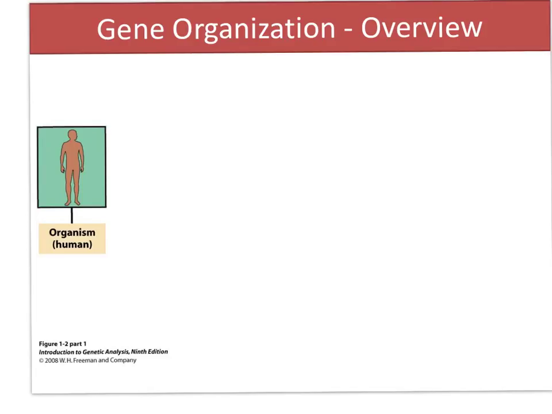And those functions are carried out by proteins. And proteins are made up of, you guys remember what proteins are made of? Amino acids, right. Okay. And those amino acids are coded by DNA. That means coded, in other words, instructions.